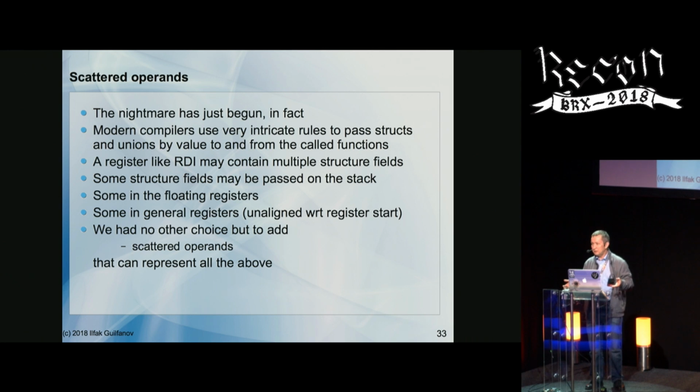The ABI says that if you have a big structure, it should be passed partially in registers and partially on the stack. And some of the fields may even be in floating point registers. So we have a really complex situation here, and we had no other choice but to add the so-called scattered operands, and they can represent all the above.